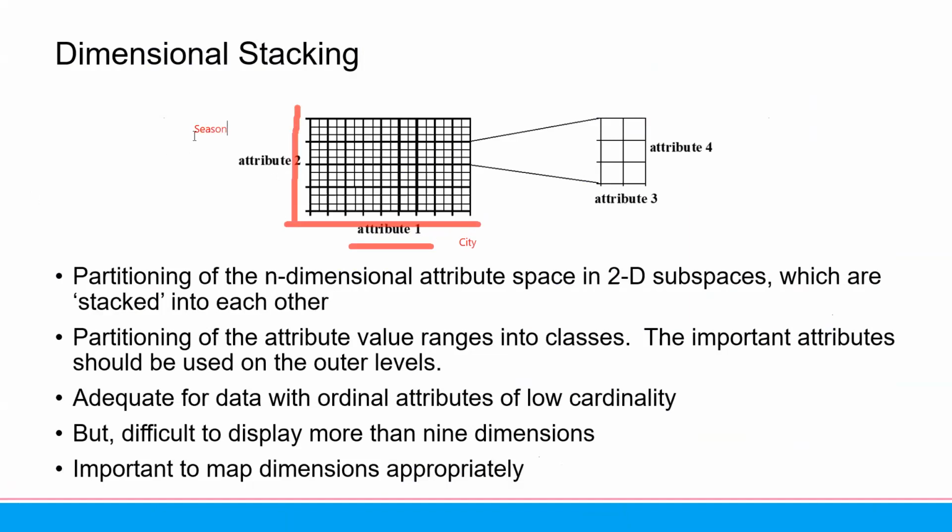So I want to know the temperature at a particular city in a particular season. I can have the values here, and I can expand into the detail of the attribute.